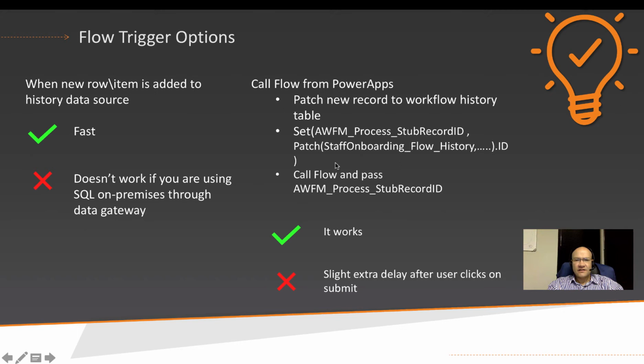And that'll actually then be used to call flow and give it that ID, so the flow knows which workflow history or instruction to action. So it works very well. Only problem is there's a slight delay or an extra delay for the user after clicking submit, because PowerApps is then responsible for initiating the flow run.